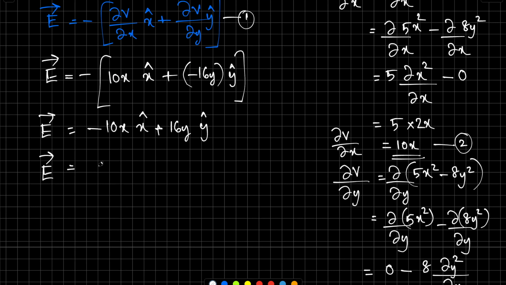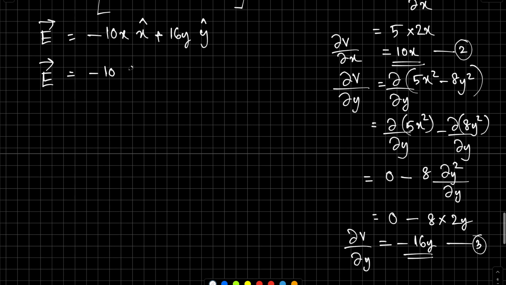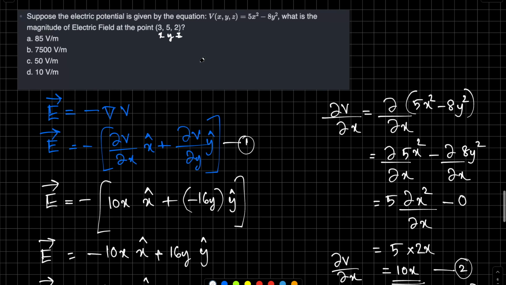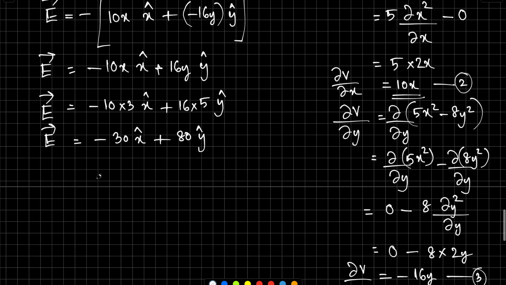That is equal to minus 10 times x is 3, minus 10 times 3 x cap plus 16 times y is 5 y cap. So E equals minus 30 x cap plus 16 times 5 is 80 y cap. That's our electric field vector.